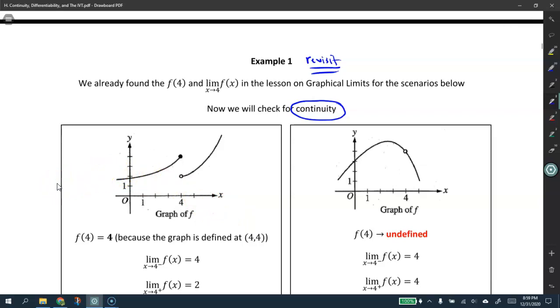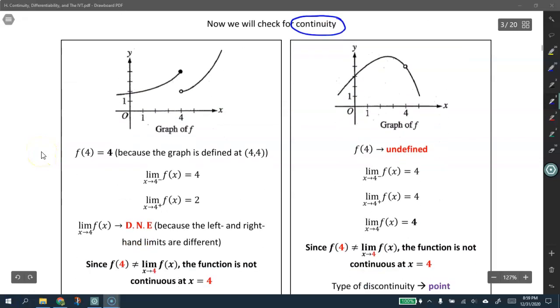So we don't talk about continuity right then and there. We talk about it way later. So now you have a couple of graphs in front of you. And in this first graph, again, hopefully this is going to ring a bell for you. In this first graph that you see on the top left-hand side, notice that the function of 4 is equal to 4.